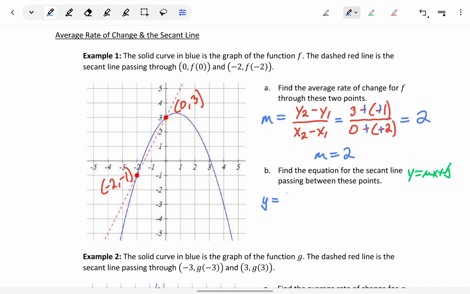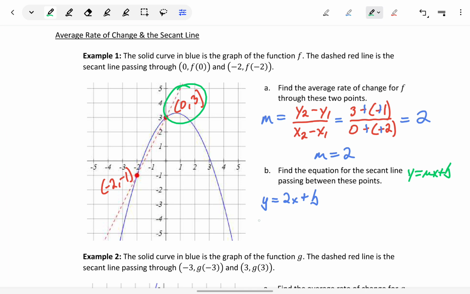We already know our value for m, which is 2. So to find that y-intercept, that value b, we need to plug in a value for x and y. We can choose any point that our line passes through. It's convenient to choose one of the 2 points that we have indicated here, but any point along the line will work.